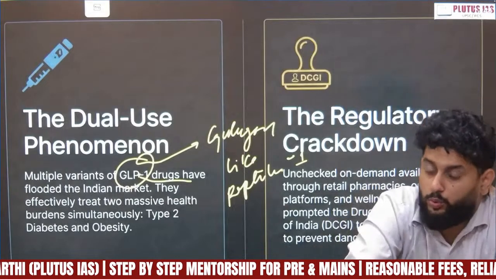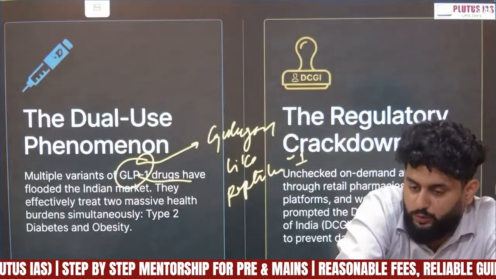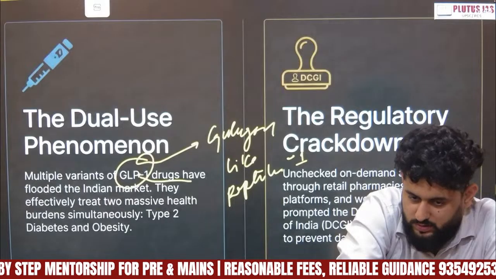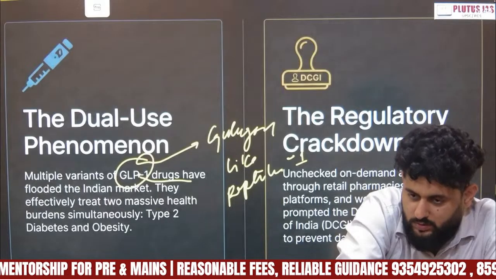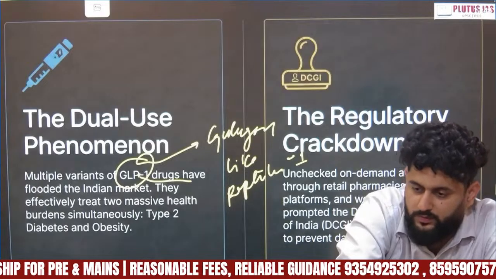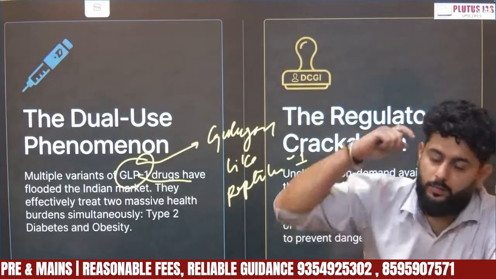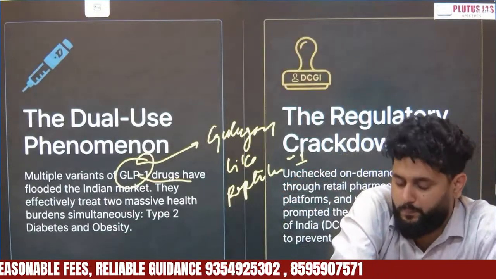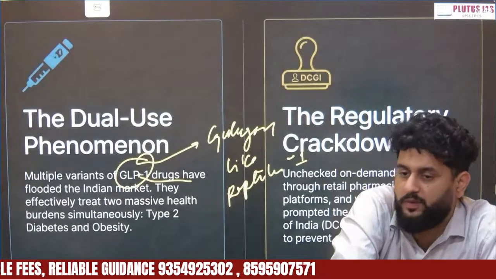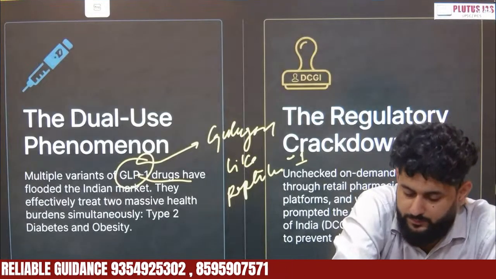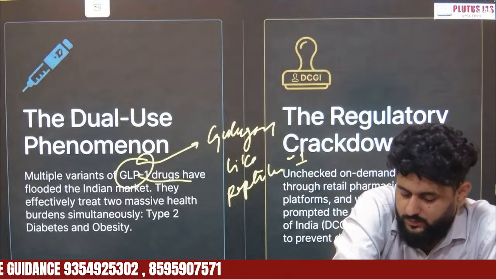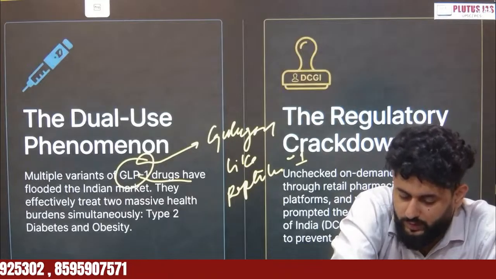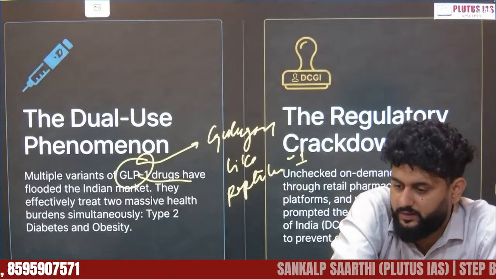Third is controlling drug misuse. What does it mean? It means preventing over-the-counter sale of prescription drugs, and misleading advertisements.